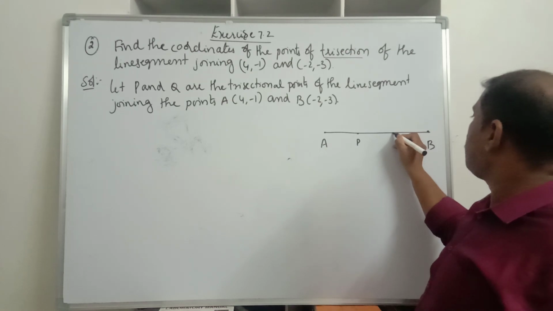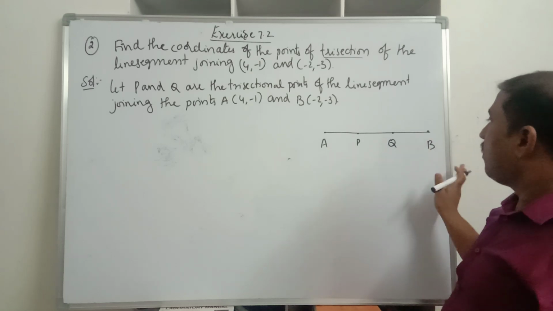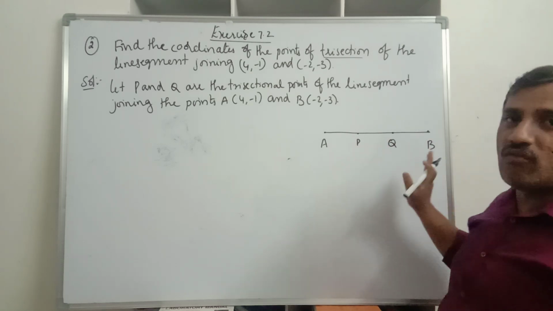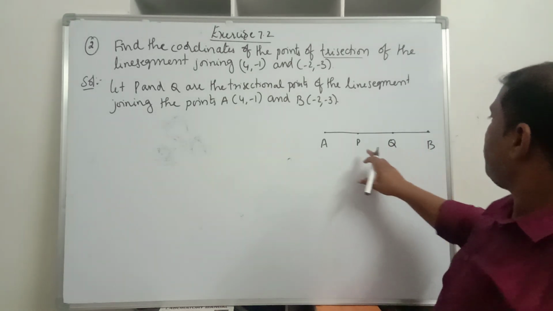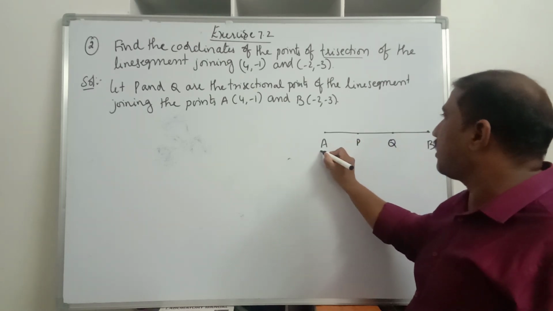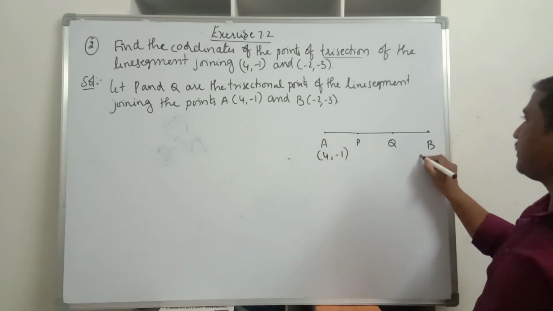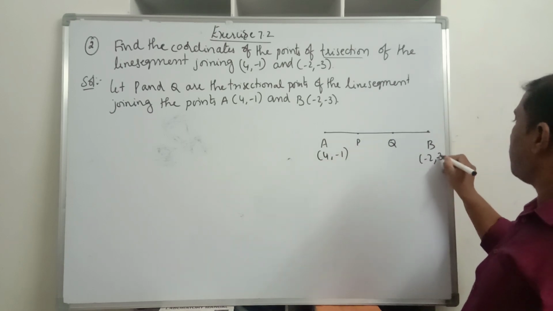Similarly, you take the other point, it is Q. Q will divide this in the ratio 2:1, and P will divide in the ratio 1:2. Now see here, P and Q are the trisectional points. A is given, what are the points of A? 4 comma minus 1, and B is minus 2 comma minus 3.